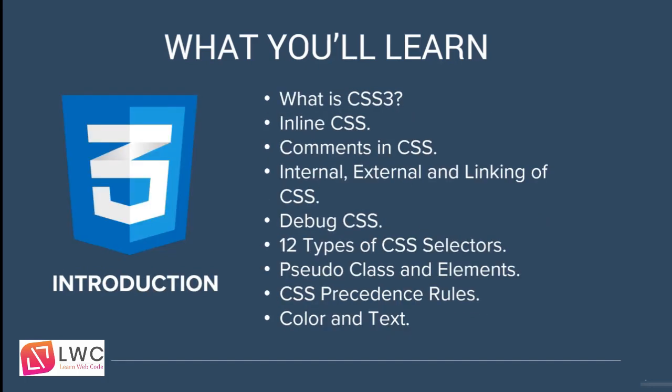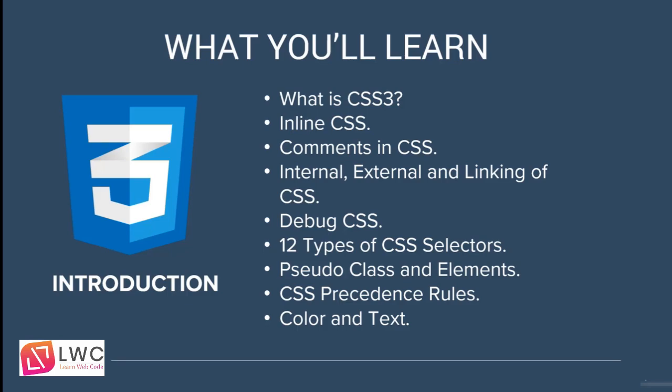Okay, the next section we will start introducing CSS. CSS basically helps you design the page. So we'll start understanding from the really basics what is CSS and how many types of CSS you can include in your HTML pages, like inline, external, linking of CSS. Then we'll learn how to debug CSS. And also in this section you will learn 12 different types of CSS selectors. So once you understand these 12 types of CSS selectors, you already know how to write CSS.